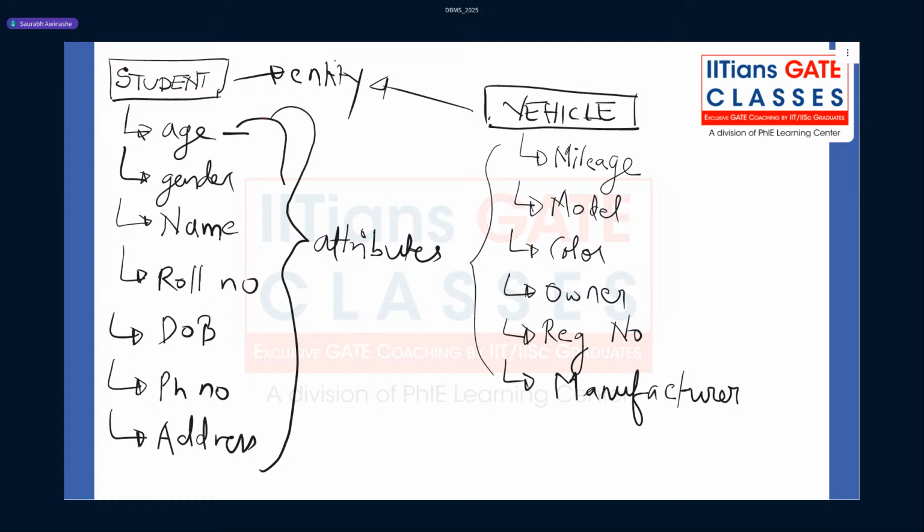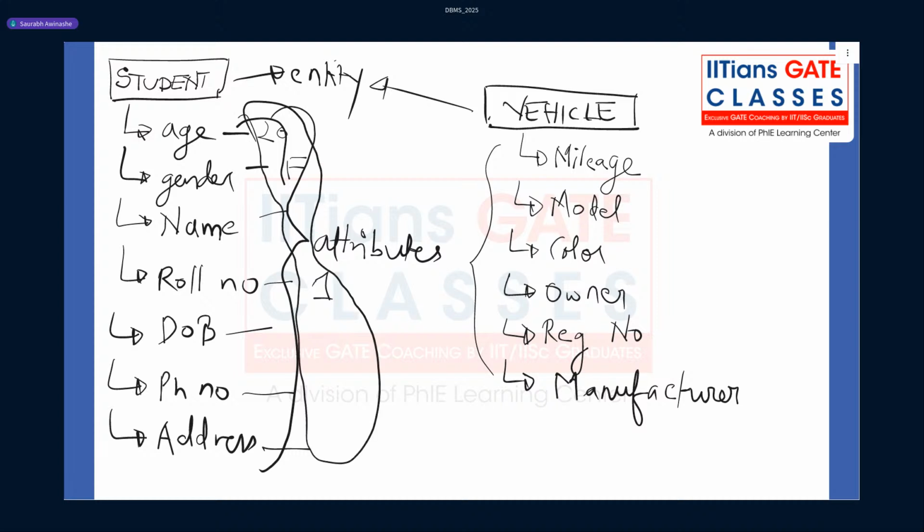Age will be, let's say, something like 20. Gender will be female. Name, roll number, you'll have one. You'll have date of birth. You'll have a phone number, and you'll have an address, right? So now these properties have been instantiated to give a real world existence, right?